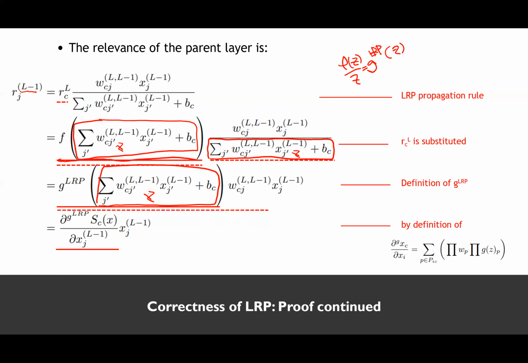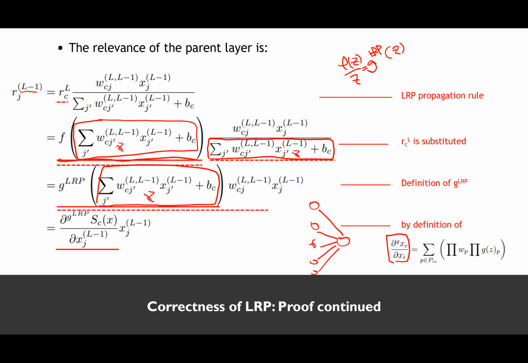By the definition of the gradient of g with respect to the final outcome in the input, the gradient term can be represented as all the possible paths. In this case, there is just a single path, right?